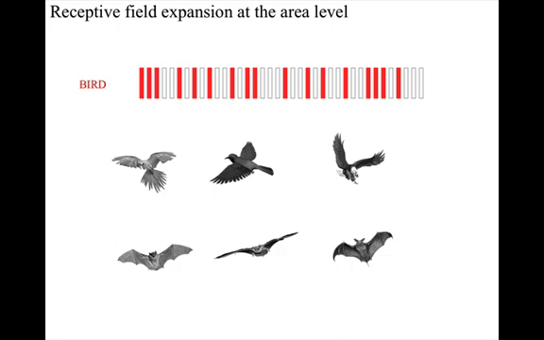So there have to be enough receptive fields detected in any situation to make that kind of discrimination possible.